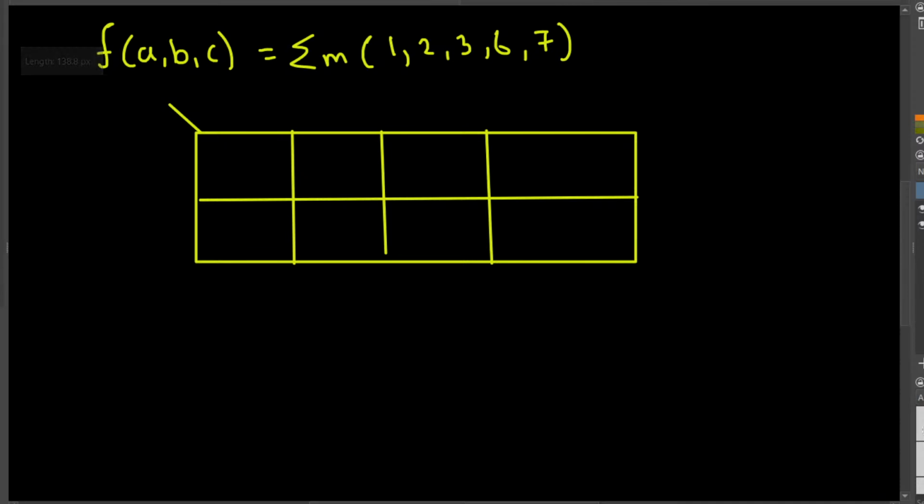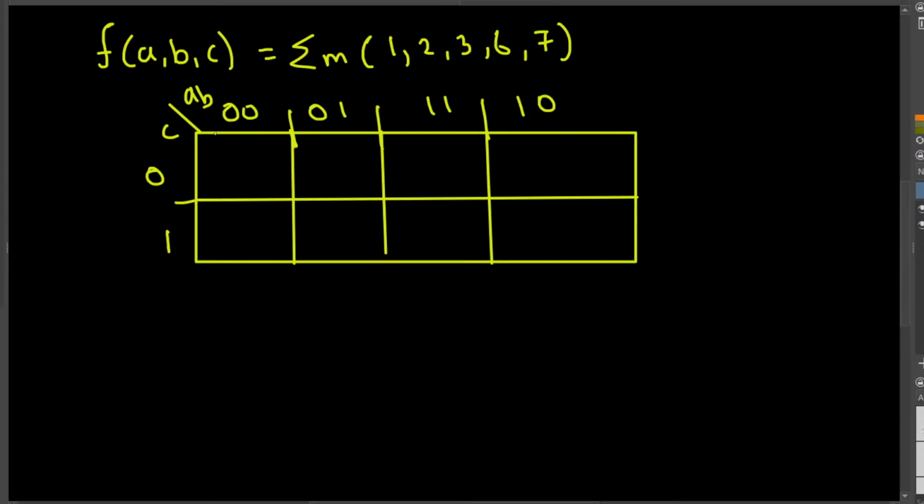Let's say this one is A, B, and this one is C, and here this is 0 and 1, and here this is 00, 01, 11, 10.